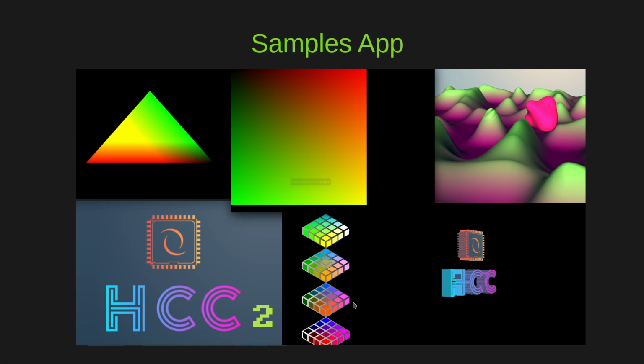And then there's a voxel ray traced version of the HCC logo. It just spins around, and it's like an extruded version of the logo as voxels and just ray traced. So you can see more complicated examples and how you might write some shader code basically.